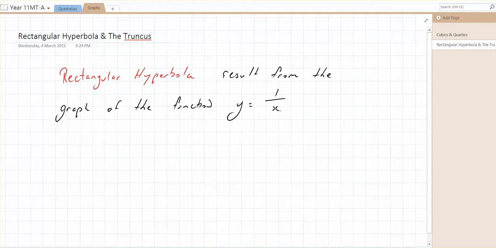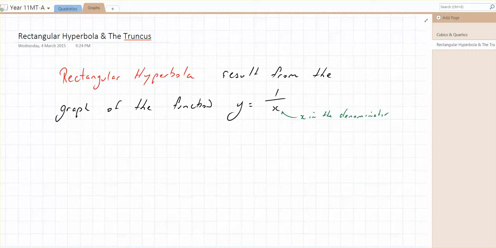In fact, if we're being more general about it, a hyperbola will result when we have x in the denominator. That is the key thing here. Having an x in the denominator really does force the shape of this curve.